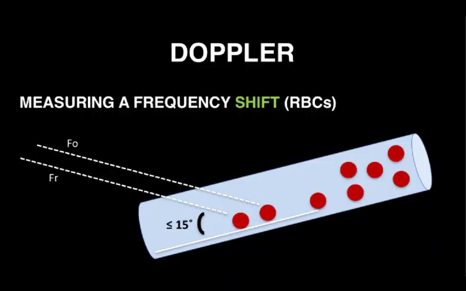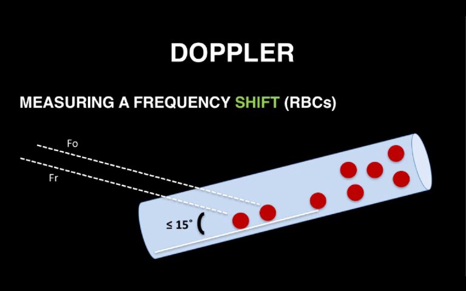So Doppler. We want to understand one principle, which is Doppler is measuring frequency shift, specifically of the RBCs. So we're assessing differences in velocities of those RBCs. And there's one critical thing to really understand if you want to use Doppler, and that is because of a complex mathematical equation, you really want to ideally be standing with your beam parallel to the flow in which you're measuring.